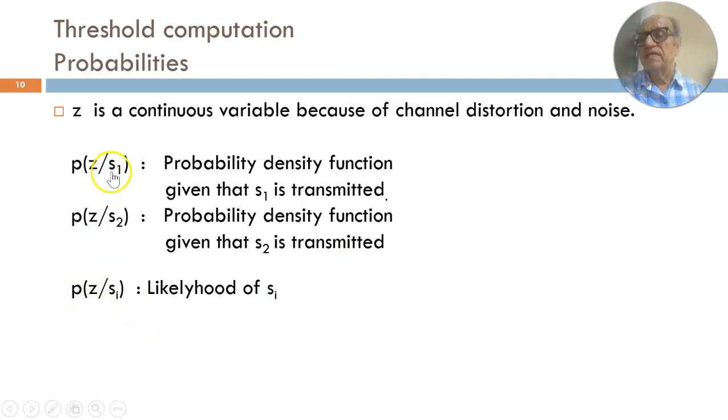Whether you consider this or this, you call this the likelihood of S1 or S2. So this is the likelihood of S1, this is the likelihood of S2, probability density functions. What we want to do is to obtain the relation between these two probability density functions and the two discrete probabilities that we have studied earlier.